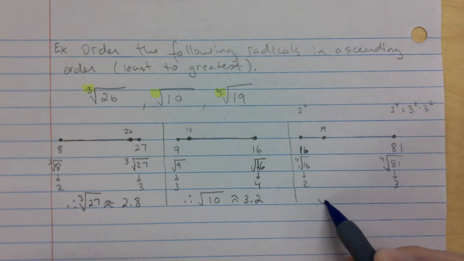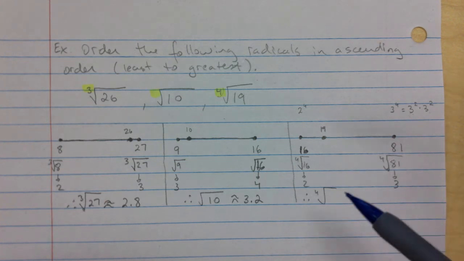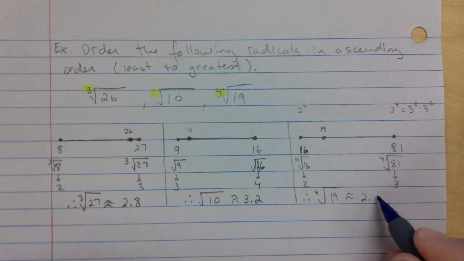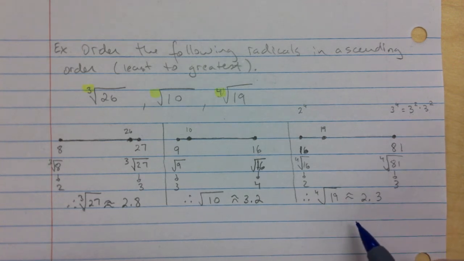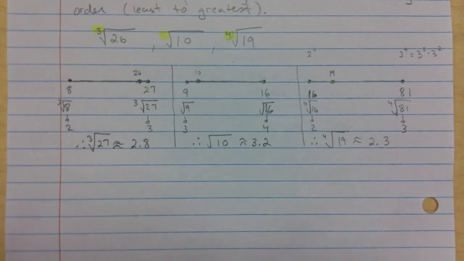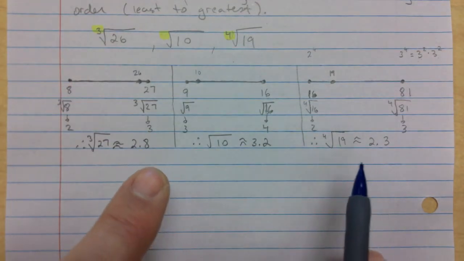Okay, so the fourth root, therefore, I'm using the same method as I used on the previous page, right? The fourth root of 19 is going to be approximately 2.3, let's say. Okay, approximately.